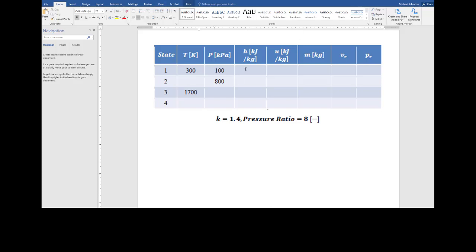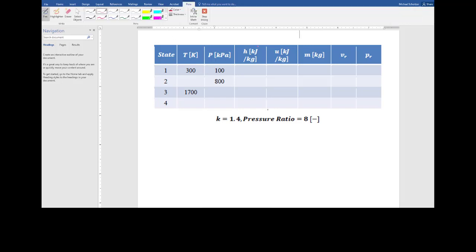So I guess the first thing, because it's constant specific heat, I don't care about H and U. Actually, I wouldn't care about U anyway, right? And I don't care about VR and PR because it's constant specific heat, right? And constant specific heat tells me that all the delta H's are going to become CP times delta T, right?